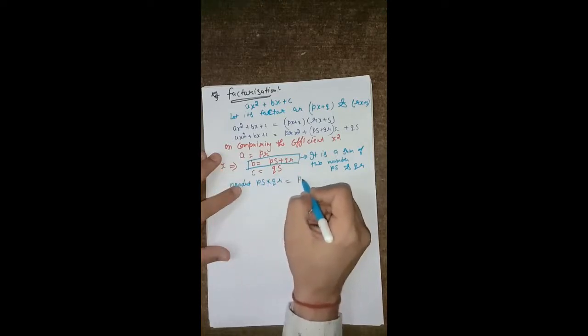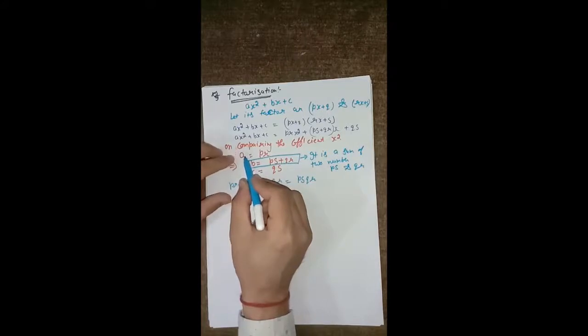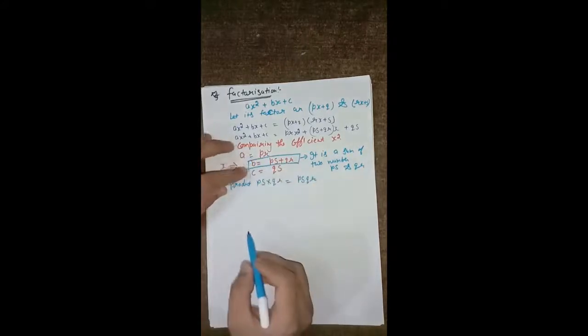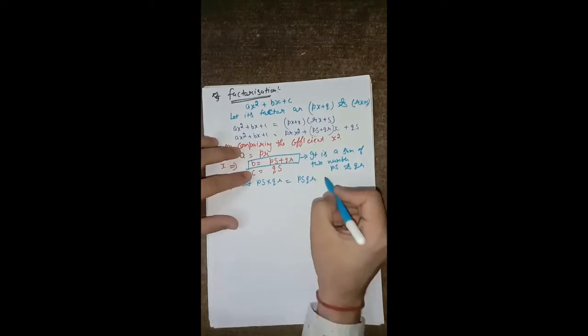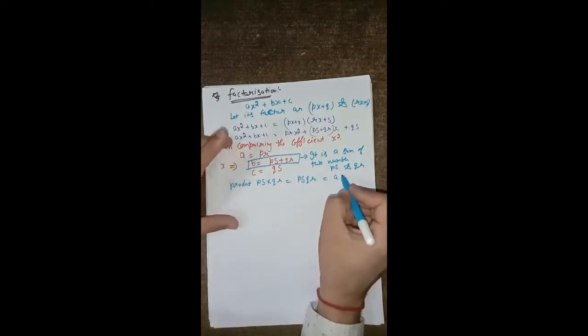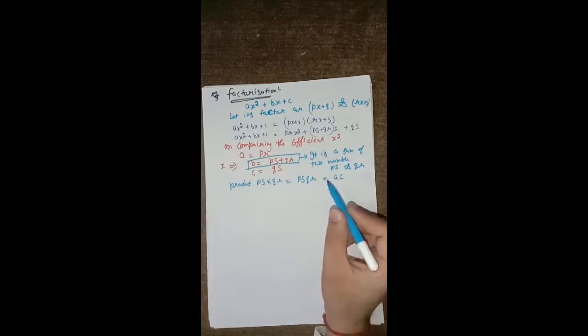If we observe a and c, the product of a and c is pr times qs, which equals ps times qr, so ac is the product of these two numbers.